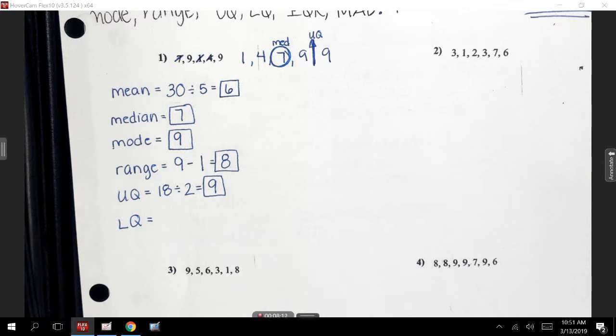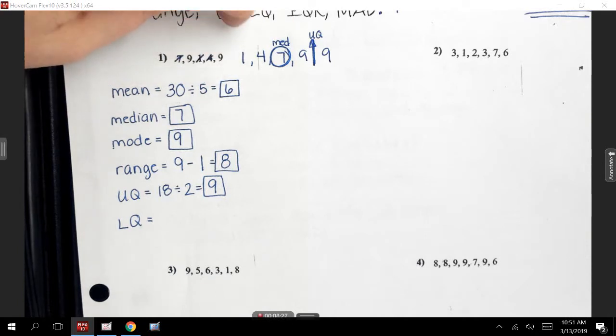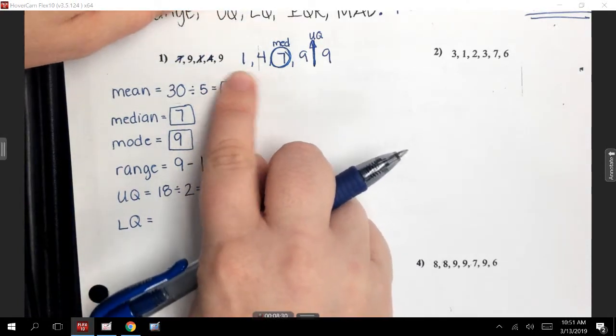Because I have two numbers in the middle, right? What two numbers do I have on the lower side, Hunter? On the lower, on my LQ. Chris? 1 and 4. Do y'all agree when I look at the lower side, there are only two numbers here?